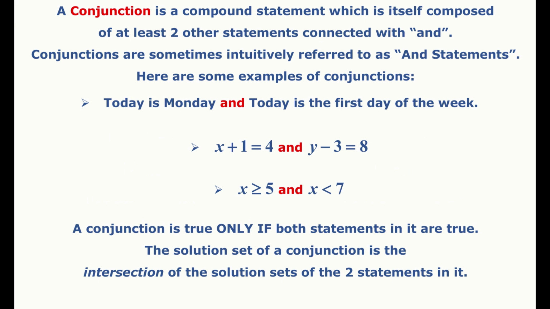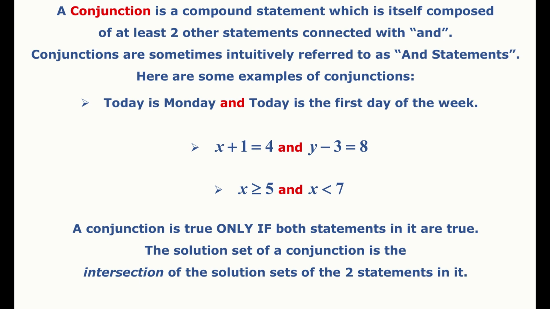A conjunction is a compound statement which is itself composed of at least two other statements connected with and. Conjunctions are sometimes intuitively referred to as and statements. Here are some examples of conjunctions. Today is Monday and today is the first day of the week.